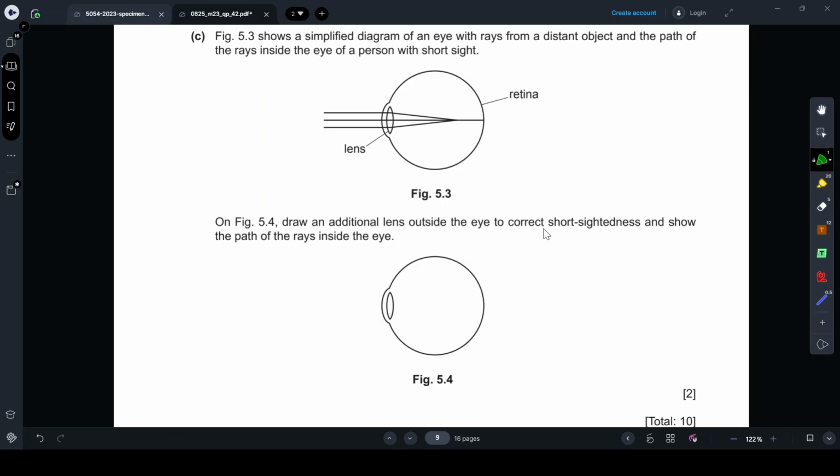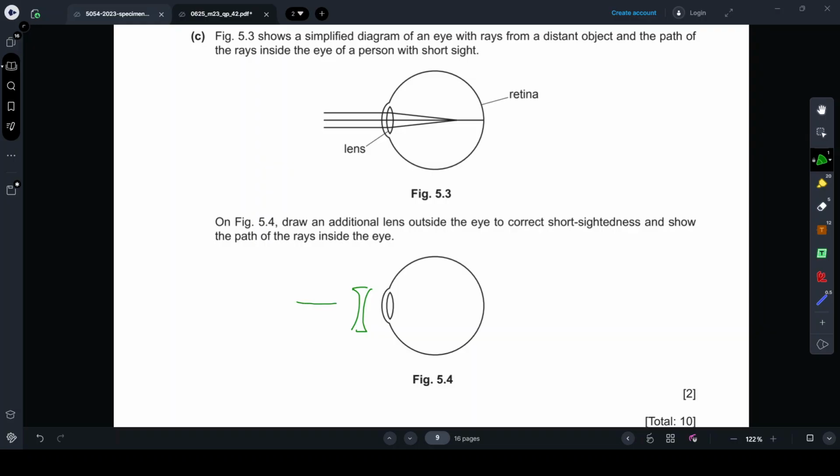What kind of lens are you going to use? Concave, right? So that's also called a diverging lens. And so you're going to use that. You've got a diverging lens.